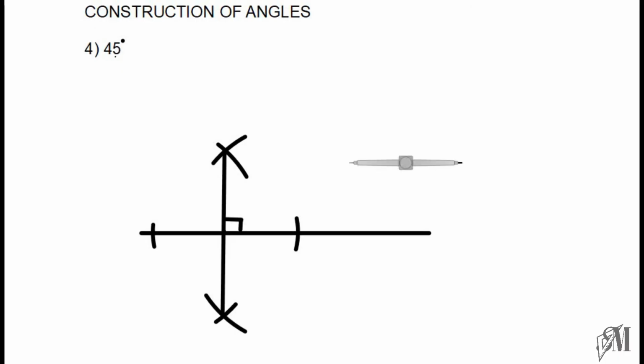In the next part of this lesson, we are going to see how to construct an angle of 45 degrees. For this, first of all, we have to construct an angle of 90 degrees like before, and then we use the angle bisector to get a 45 degree angle out of this.